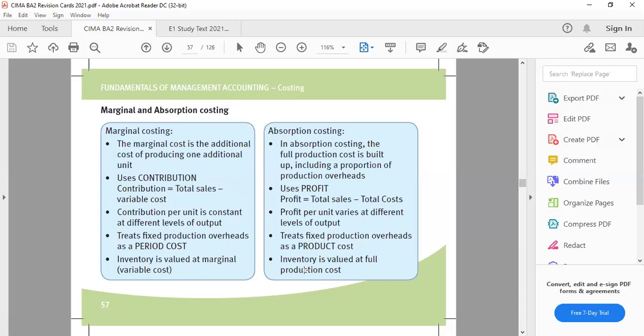So a higher amount of cost is charged to the ending inventory, and we see the profit to be higher. In marginal costing, the profit would be lower because less value is charged to the ending inventory. That is the main point of difference between absorption costing and variable costing.